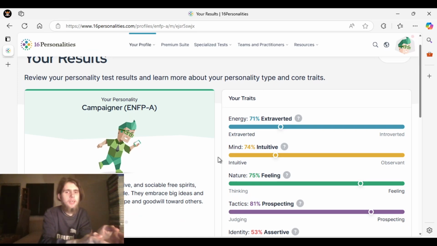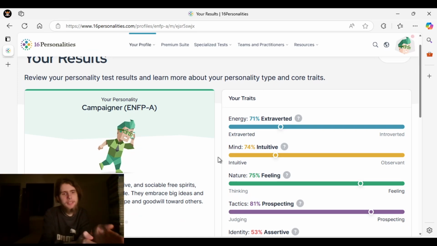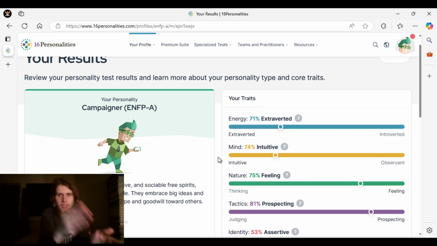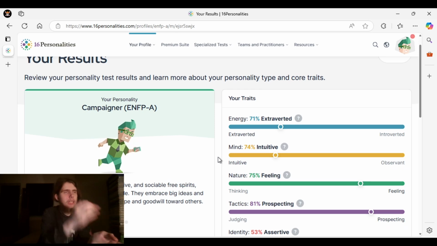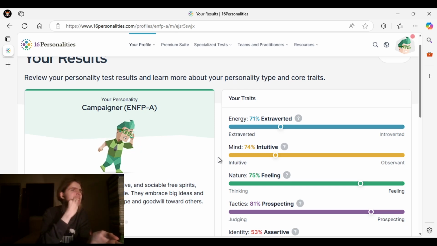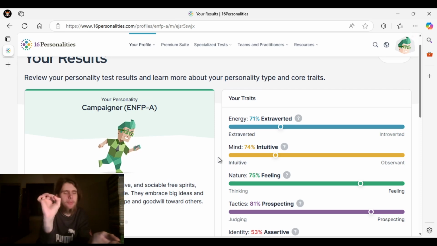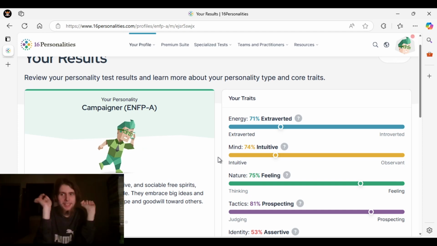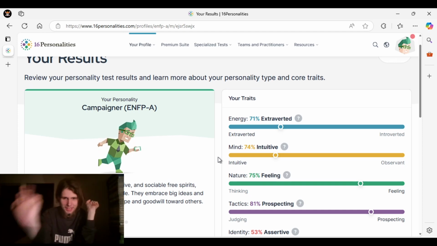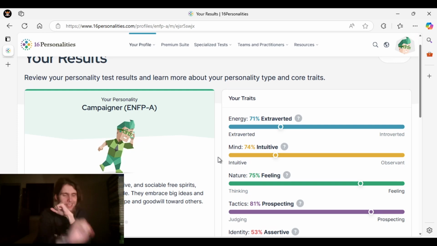If you're an ENFP, the chances of anyone else being the same type of ENFP are extremely low. We're talking really, extremely rare. If we ranked this by D&D standards, it would be legendary rarity.